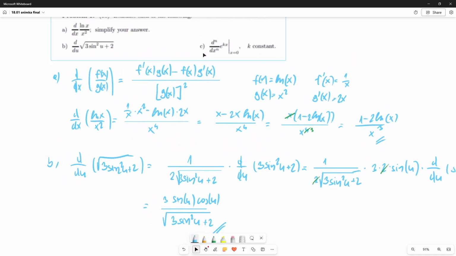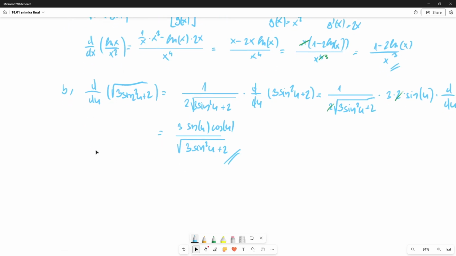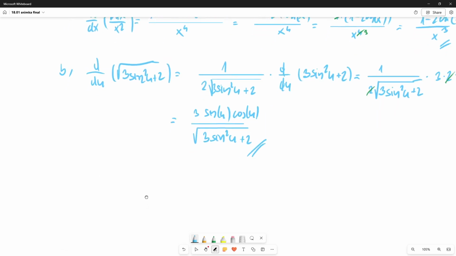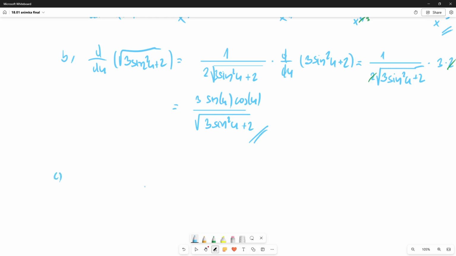Finally, we have the nth derivative of e to the power of k times x, where k is constant and x is equal to 0. Well, we can do the differentiation gradually.